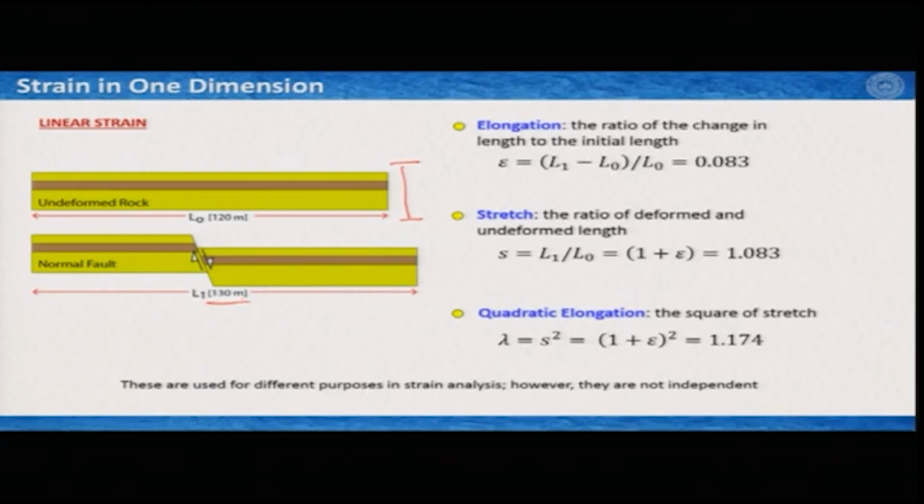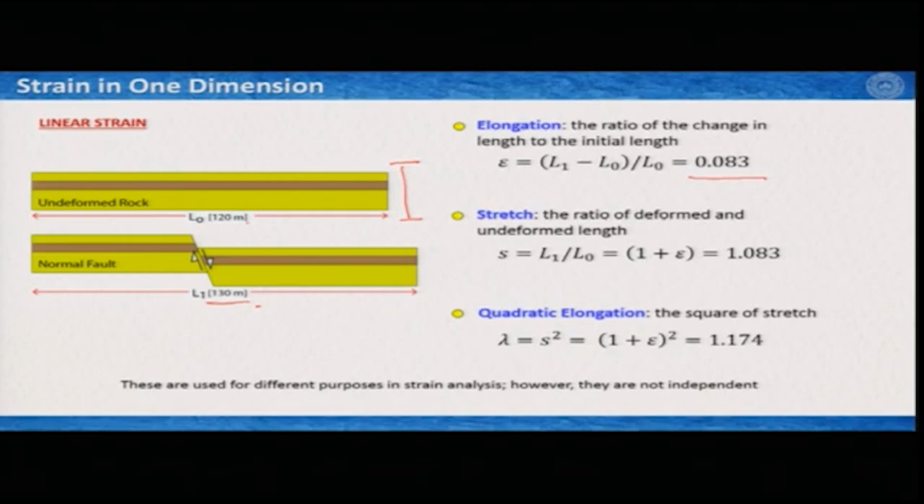Now how to describe or how to quantify the strain? One parameter, as I said, is elongation, which is the ratio of the change in length to the initial length, and if we calculate this for these values, it would be 0.083.